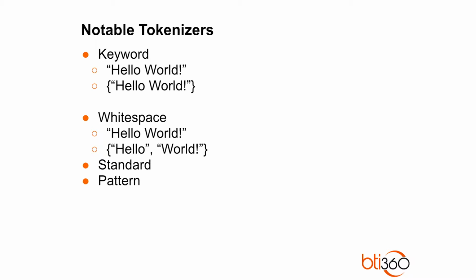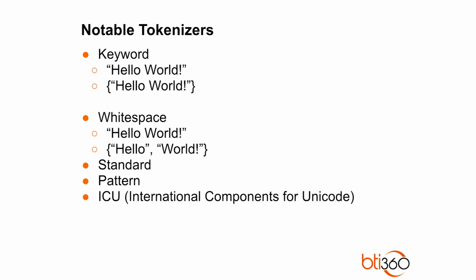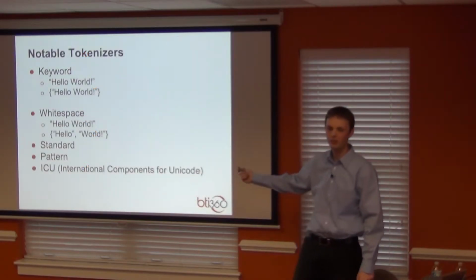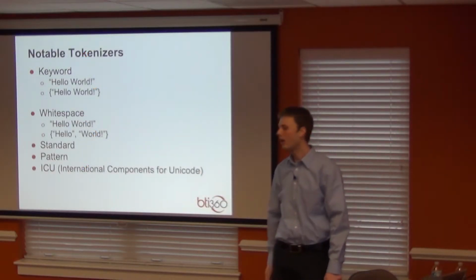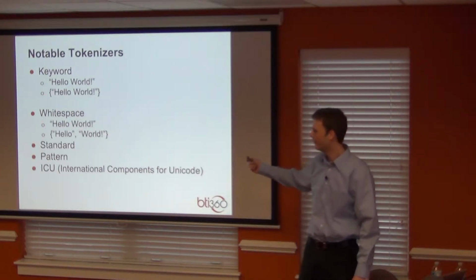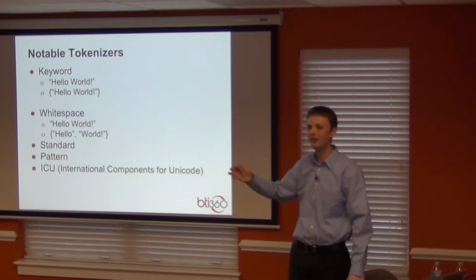All right, so next one is patterns. So yes, more regular expressions, right? So we can define our regular expressions and split on our custom regular expressions. And finally, it is important to note that the ICU tokenizer, if you're doing foreign language at all, pretty much just use the ICU tokenizer. It does a very good job. What that actually does is it finds proper splits based on the language.